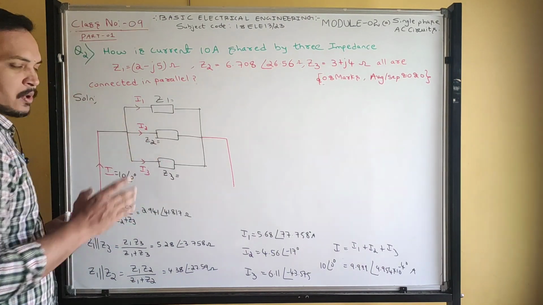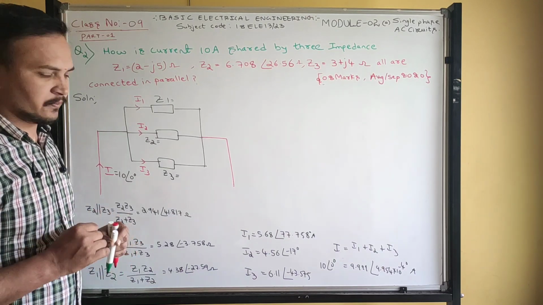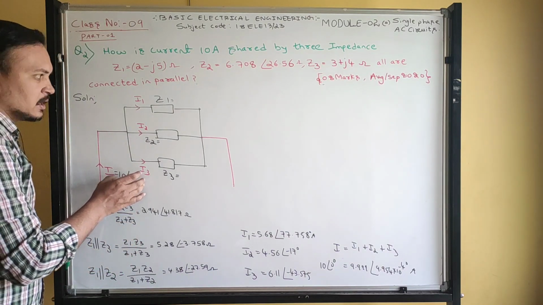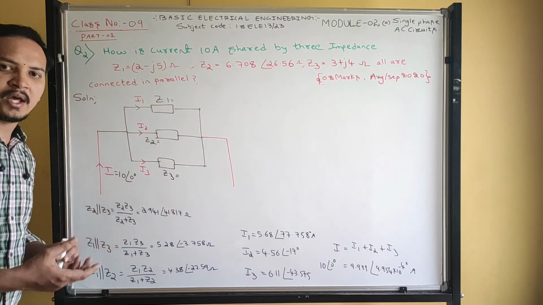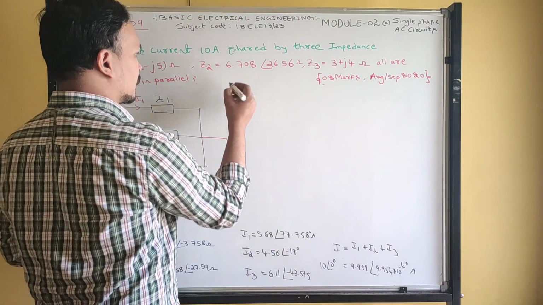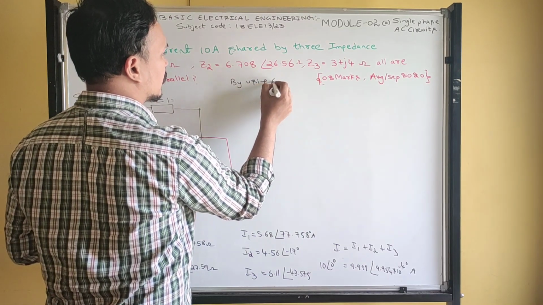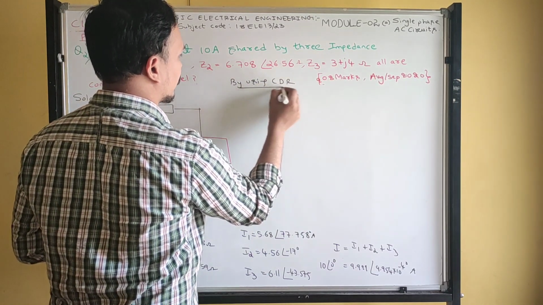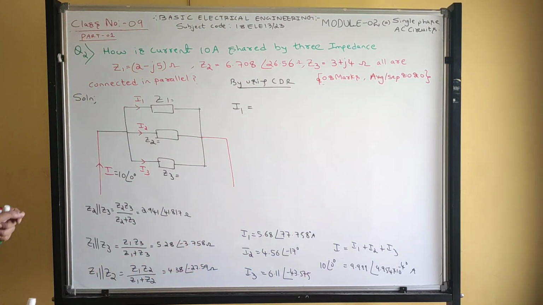How can we solve this problem? Simply by knowing the current division concept. By knowing the supply current and all the impedances, I can find the branch currents by applying the current division rule. Using the current division rule, we can write the equation for I1.